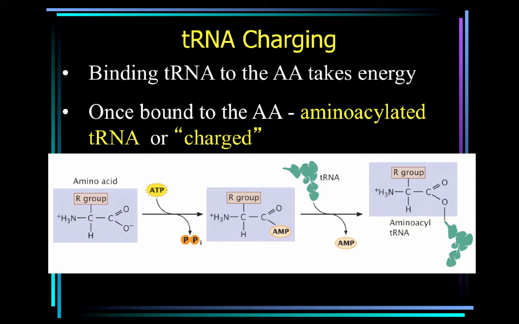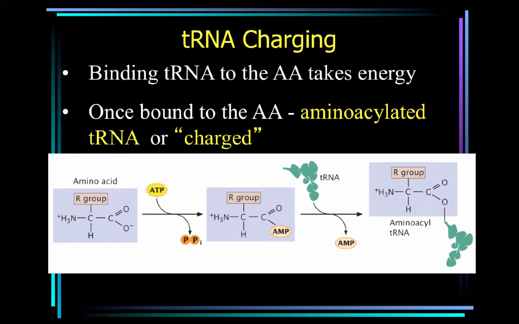Then in the second step, the amino acid is going to be transferred to the transfer RNA, which is this green Ghostbusters looking type configuration. And that adenine monophosphate that was created is going to be released.